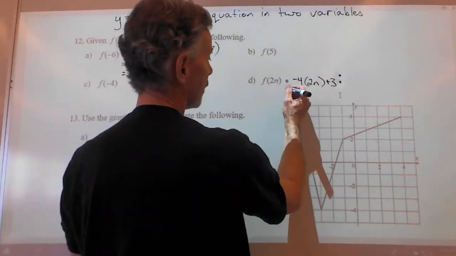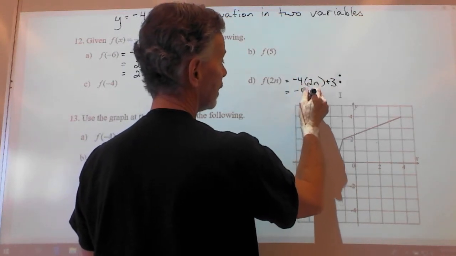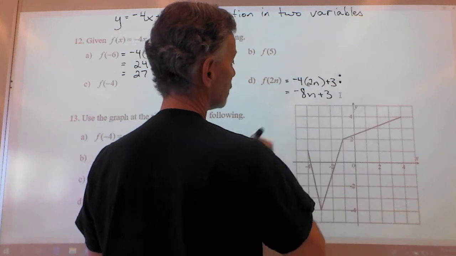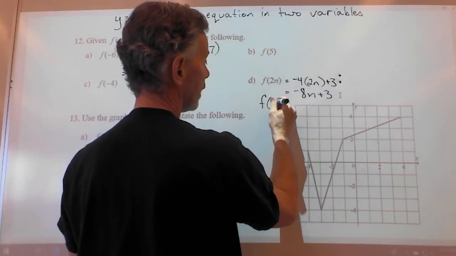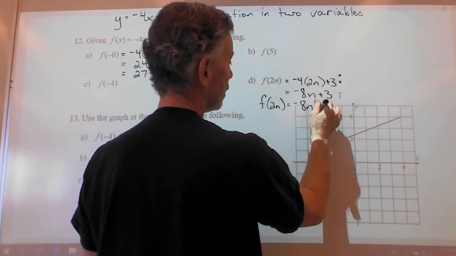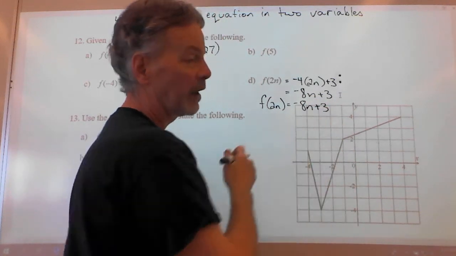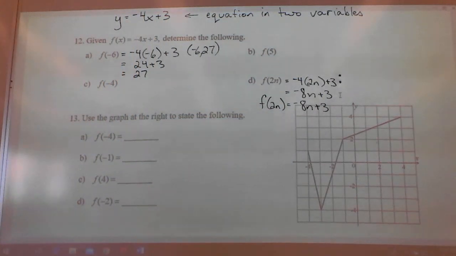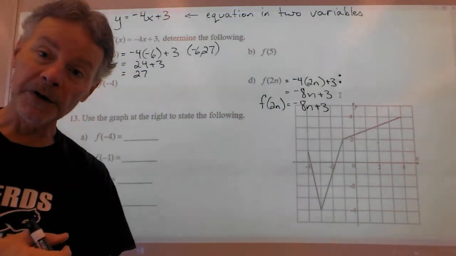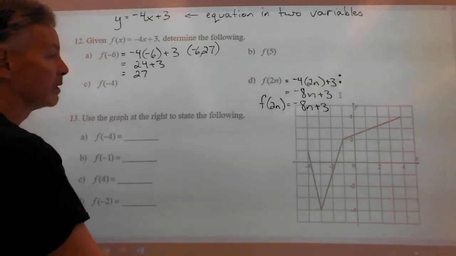And then I simplify. Negative 4 times 2n is negative 8n plus 3. So f of 2n simply equals negative 8n plus 3. Can't simplify it anymore. These are not like terms. Okay? So, don't be scared. It's just something a little bit different than what you're used to.